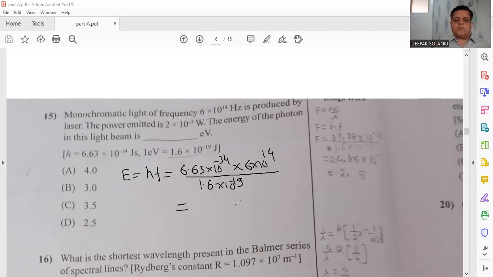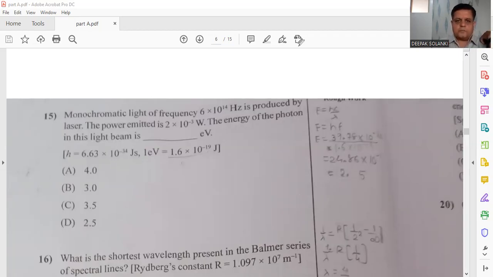So 19 and 14 is 33, so it is 10 to power minus 1. If you simplify, you will get 24.86, so it is 2.486 electron volt. So 2.5 is your right answer. Direct application of formula, nothing special.